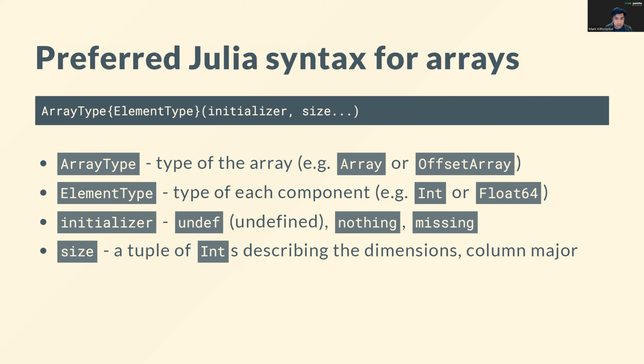Furthermore, we can specify the element type, which would be like Int or Float64, as we talked about before. We can also give the size as we gave before, either as a tuple or just a list of arguments. But also there's this initializer thing, which currently, I think, has only 3 valid values in Base Julia: undef, nothing, or missing. And this package, ArrayAllocators, provides a mechanism to extend the syntax so we can use different kinds of initializers.